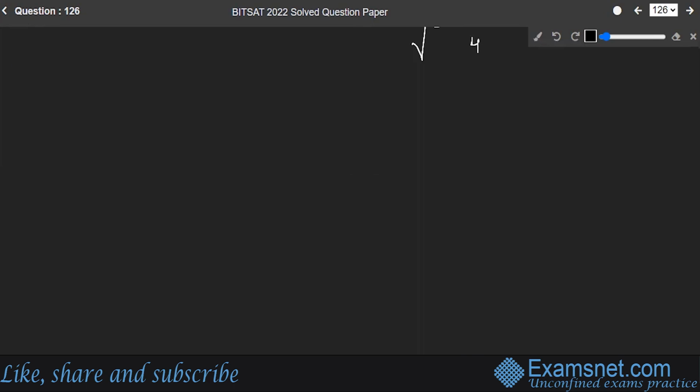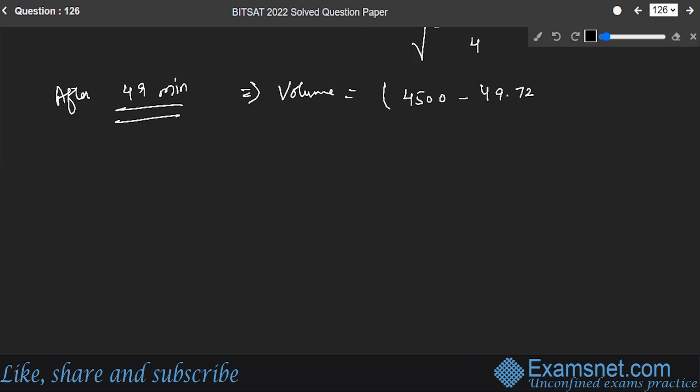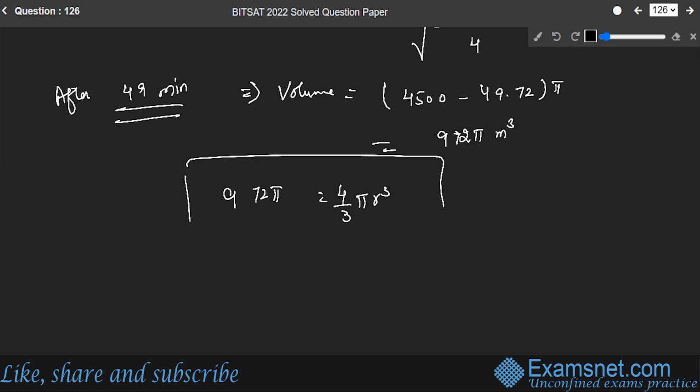Now it says, after 49 minutes, the volume is 4,500 minus 49 into 72 pi, which is approximately 972 pi cubic meters. That means 972 pi is equal to 4 by 3 pi r cube. This is the volume of the sphere formula.